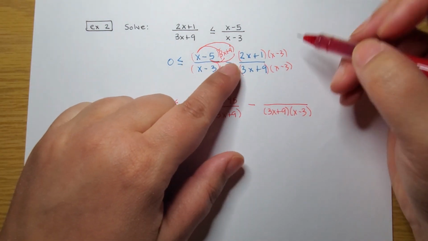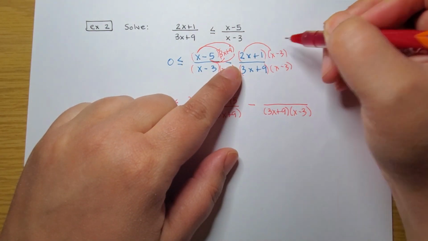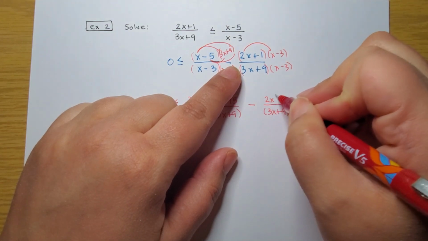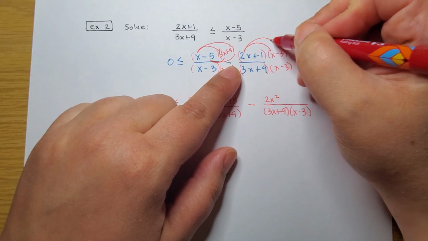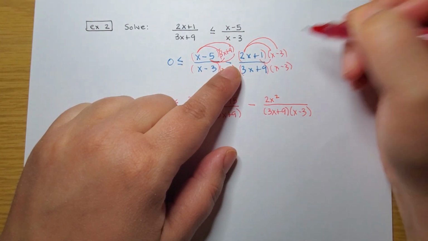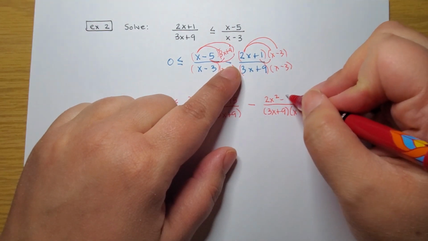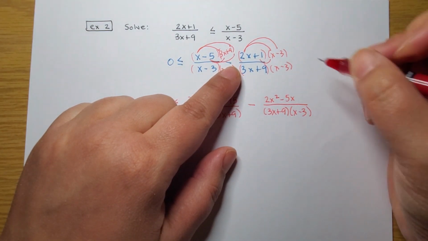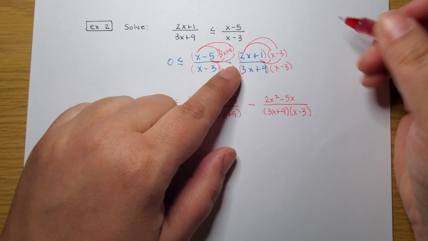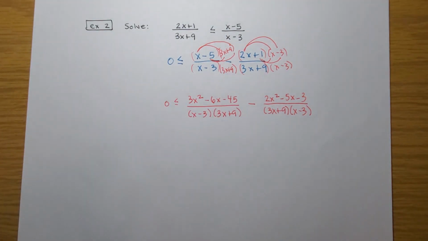On this right one here, 2x times x is 2x squared. Then minus 6x plus 1x is minus 5x. And 1 times negative 3 is minus 3. Okay, so there's our distributing.